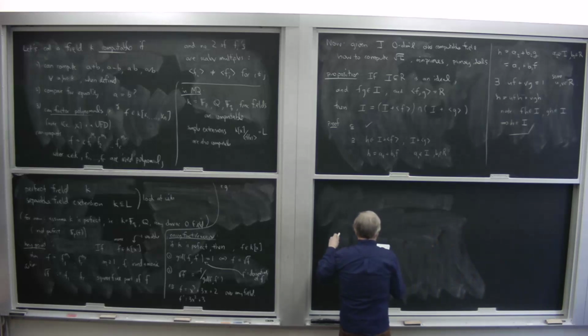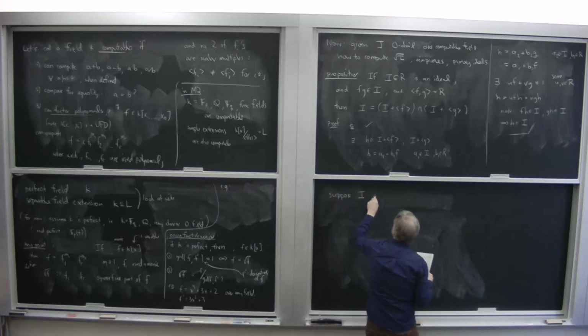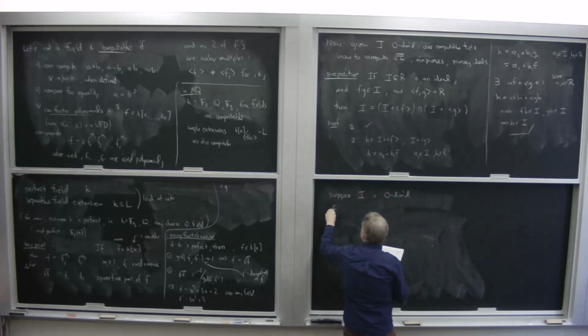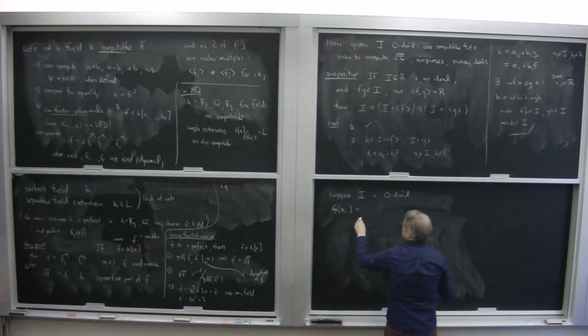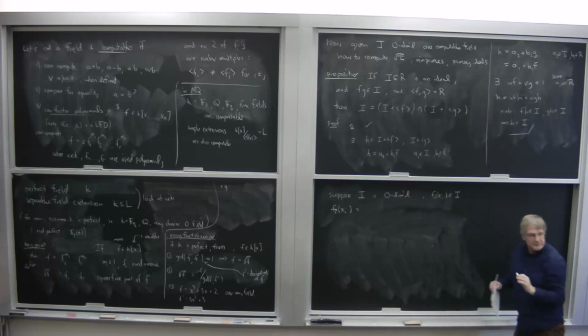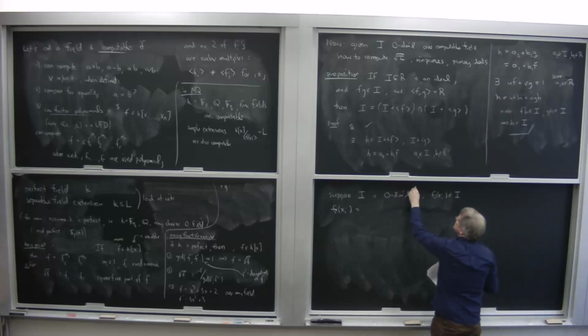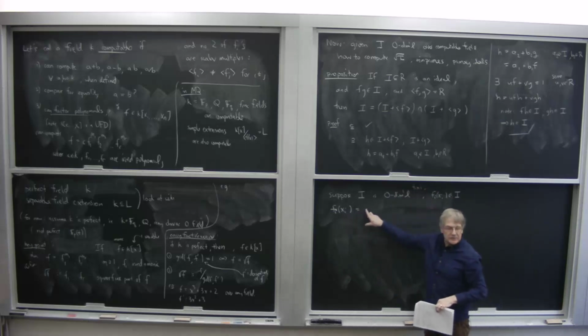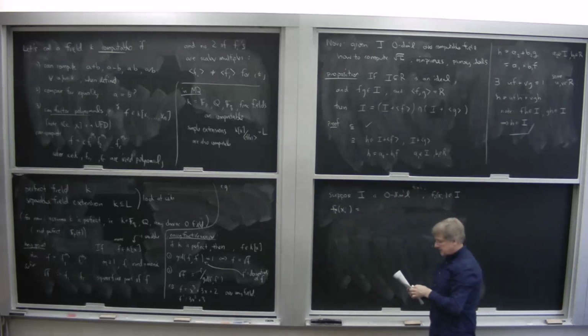So suppose I is zero dimensional, and f_i of x_i is in I, for a specific i. So fix i, and take that, and then factor this. I'm only doing one of them at a time, so I don't want to have double indices on this.